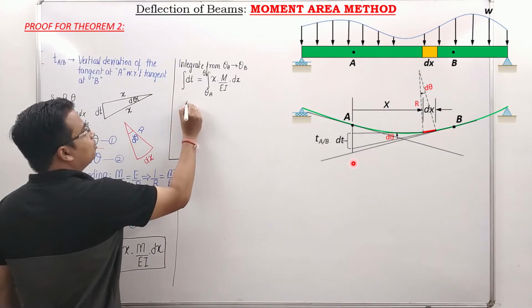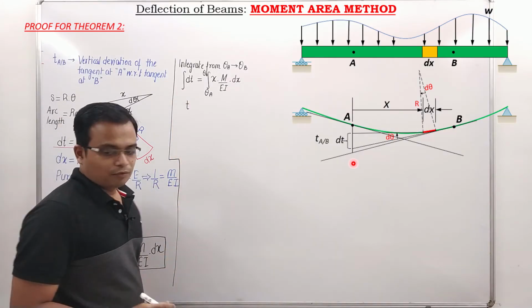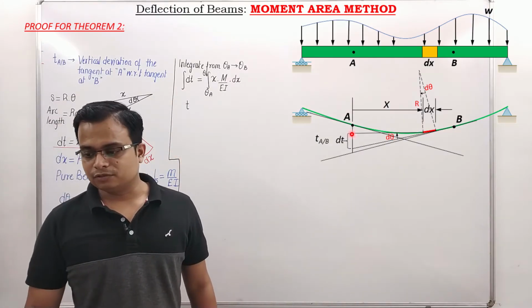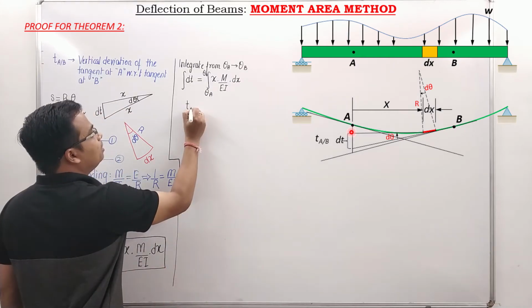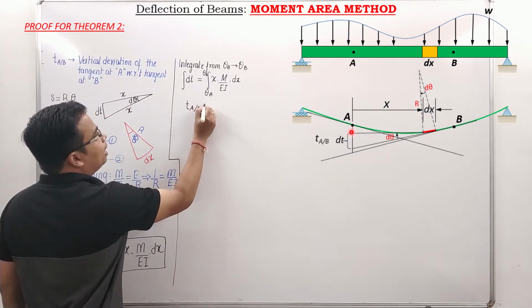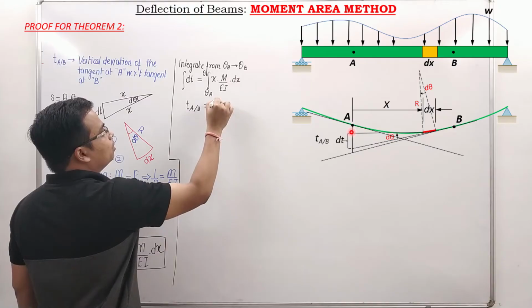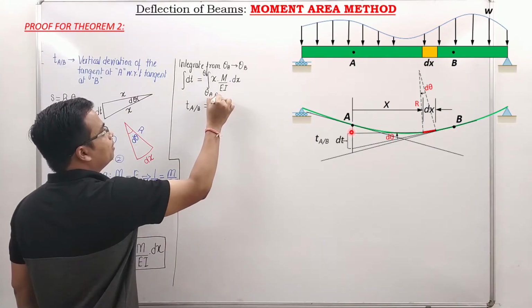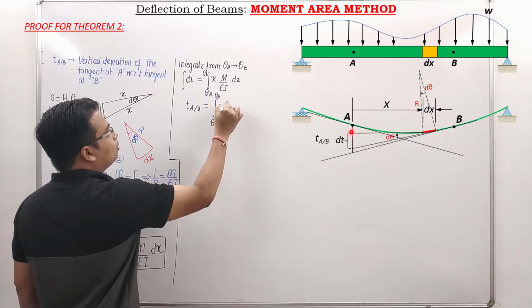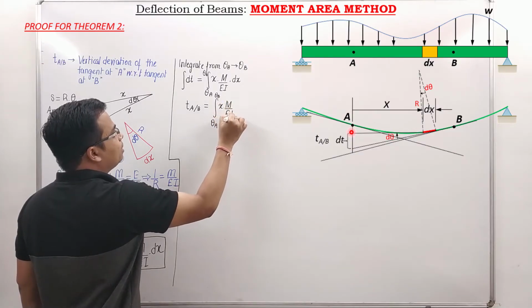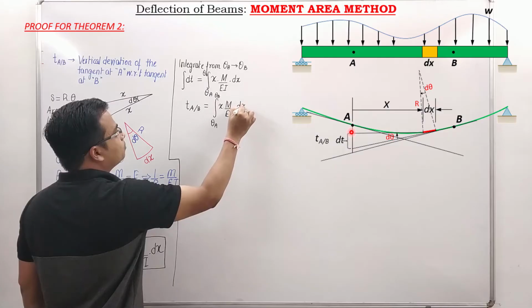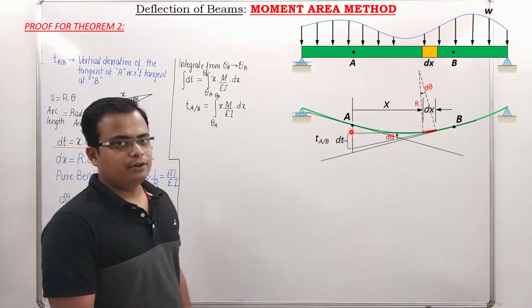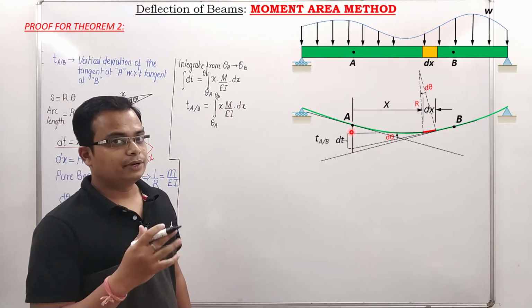And from where have we taken this x distance? From A. So this is going to be t_AB, and obviously this is equal to the integration from theta A to theta B of x times M over EI dx. Can you recall something, or are you getting confused?